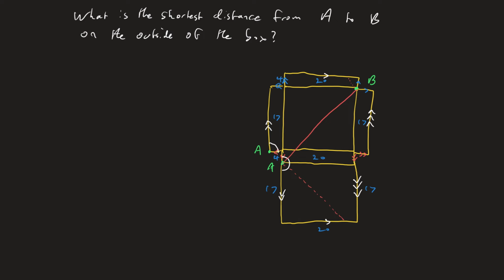In summary then, we are confident that the only straight line from A to B that has the shortest length is the one we've shown here, together with its symmetrical image, the dotted line here. Both these lines have a length of 29.